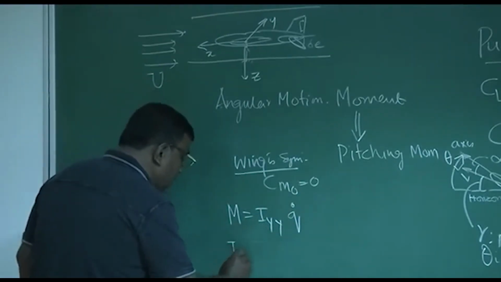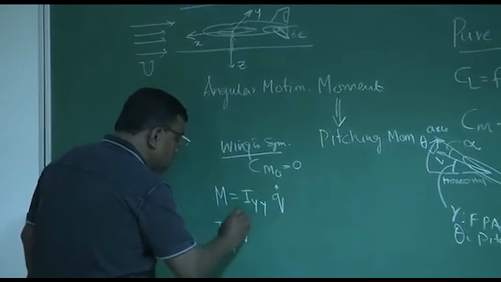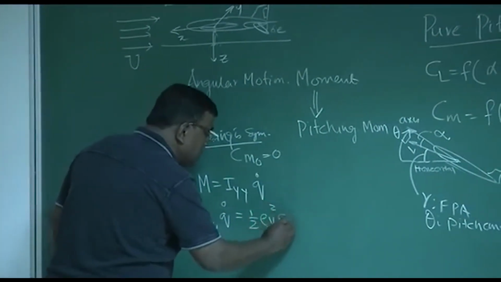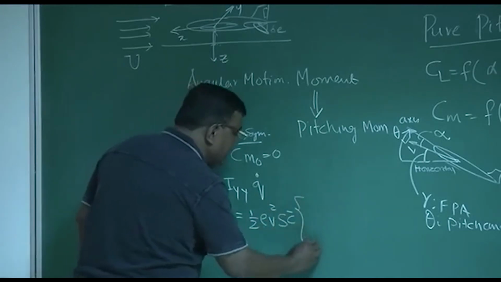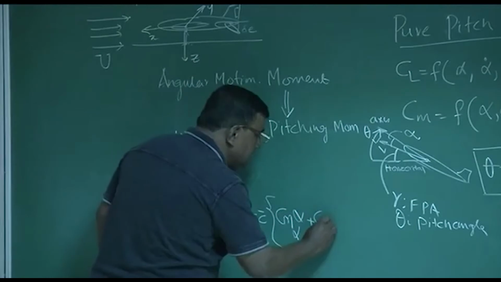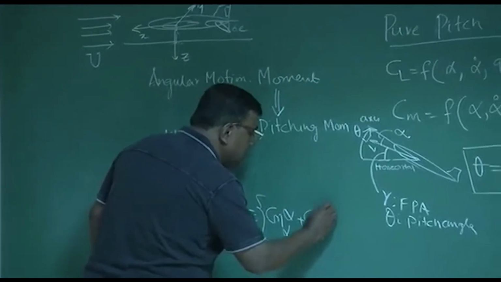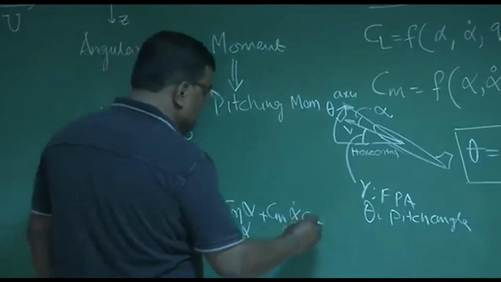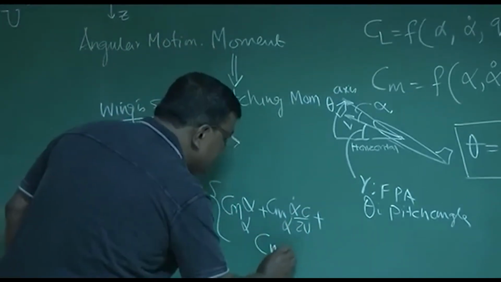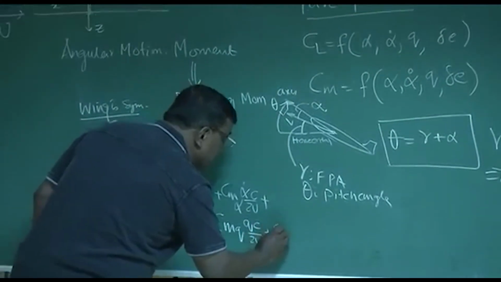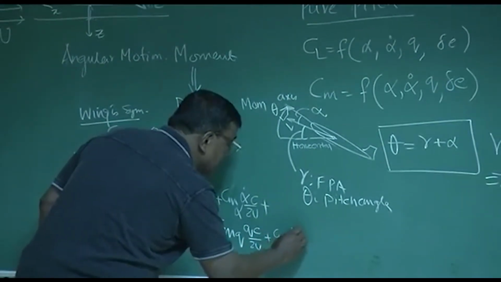Iyy q dot equals half rho V square S c bar into Cm alpha into alpha plus Cm alpha dot into alpha dot c by 2u plus Cm q into q c by 2u plus Cm delta E into delta E.